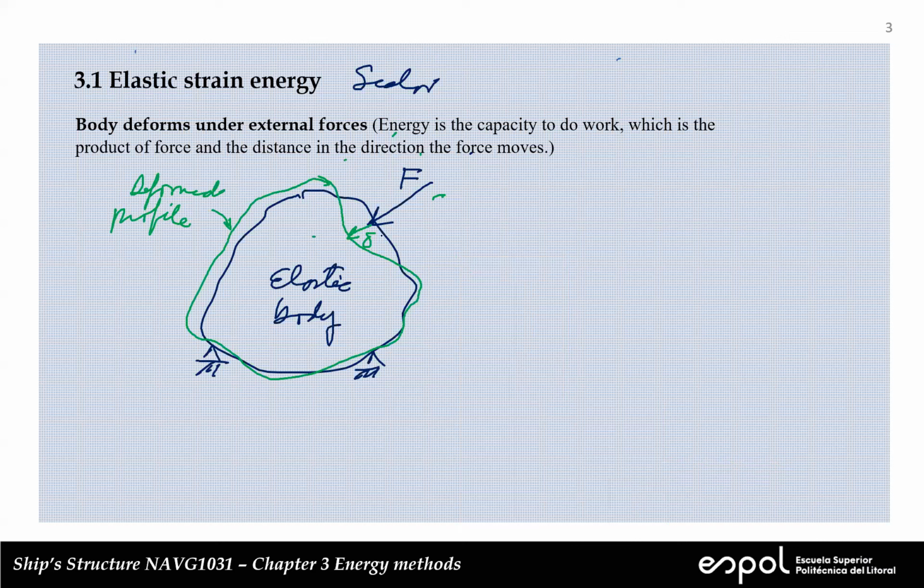And delta is the distance that this force has displaced. So as we said here, this force multiplied by the distance is work. And this work, which is energy, has to go somewhere. We will see in a minute that it's going to be converted into elastic strain energy.